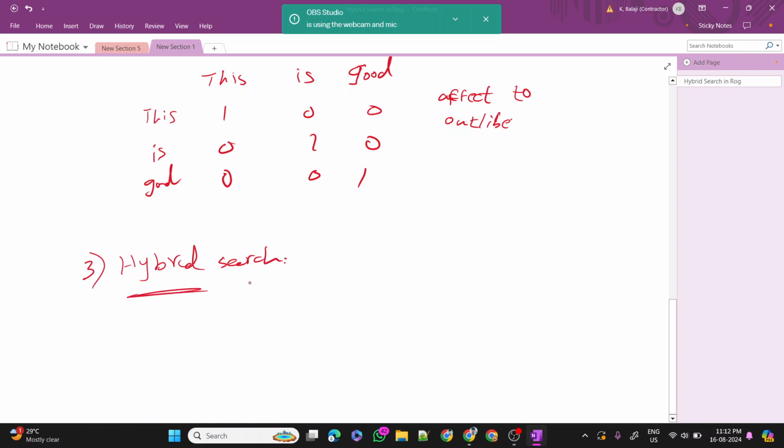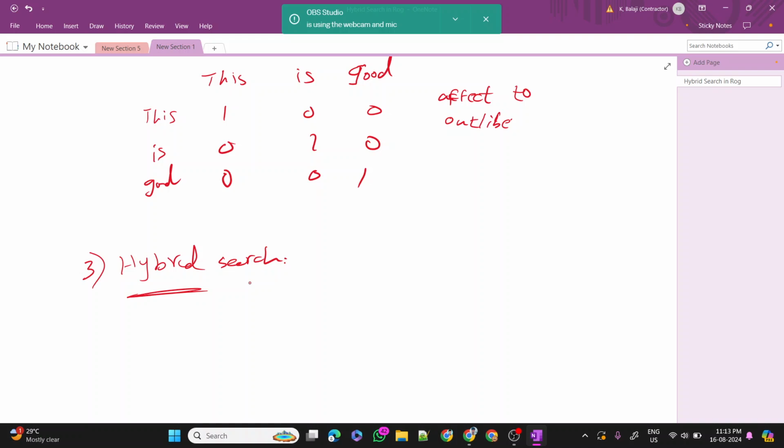In this hybrid search, the context retrieval is so accurate compared to both of them, because it uses a combination of search techniques.